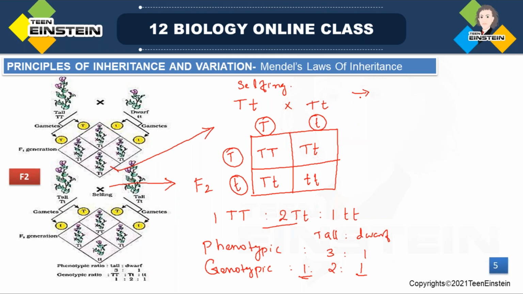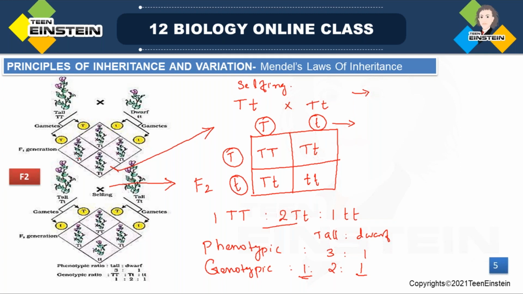And then F1, what is the condition of that F1 genotype? It is capital T, small t, in heterozygous condition. Then these F1 plants of this genotype will undergo self-pollination.